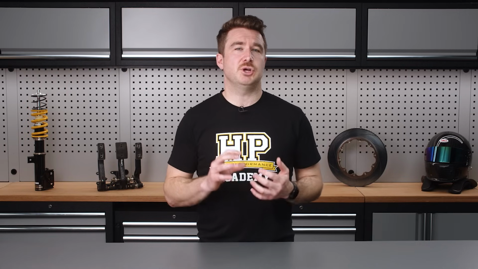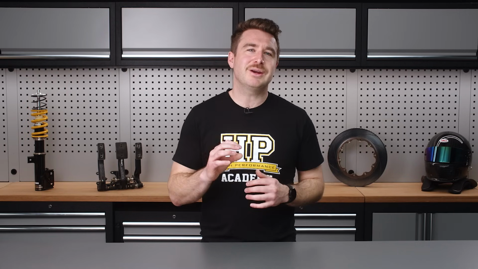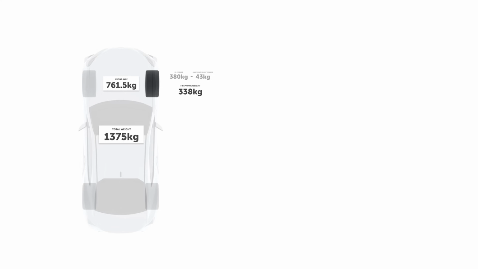Next, we need the motion ratio for the front axle, which is what we went through in a previous module, where we calculate the amount the wheel moves for a given amount of spring movement. On the front, we have a motion ratio of 1.1, meaning the wheel moves 1.1 times what the spring does, and 1.3 on the rear. Now we have all the information we need to calculate the target spring rates.